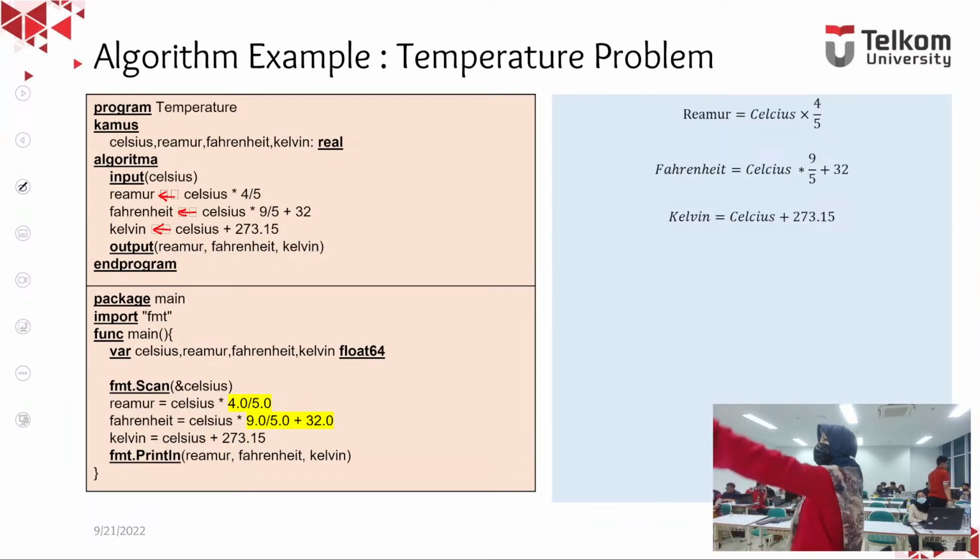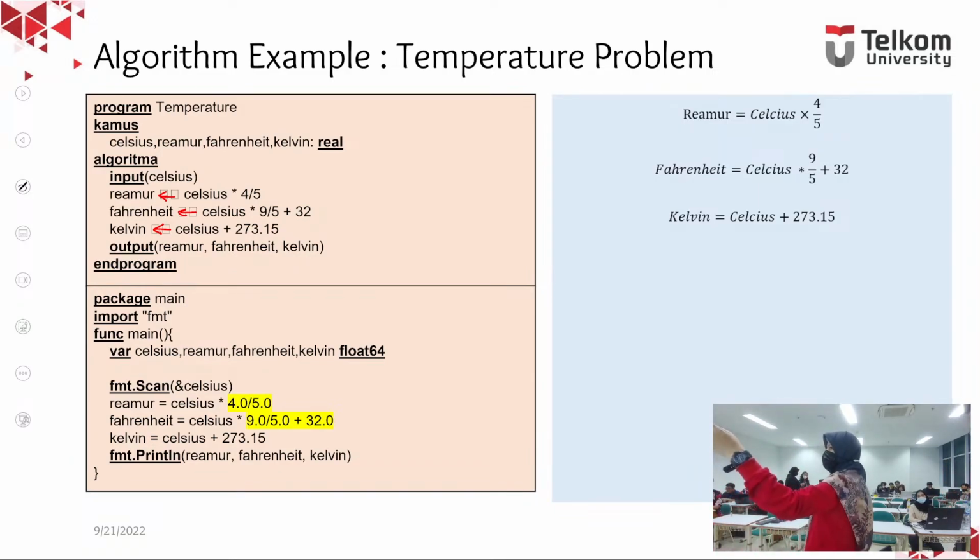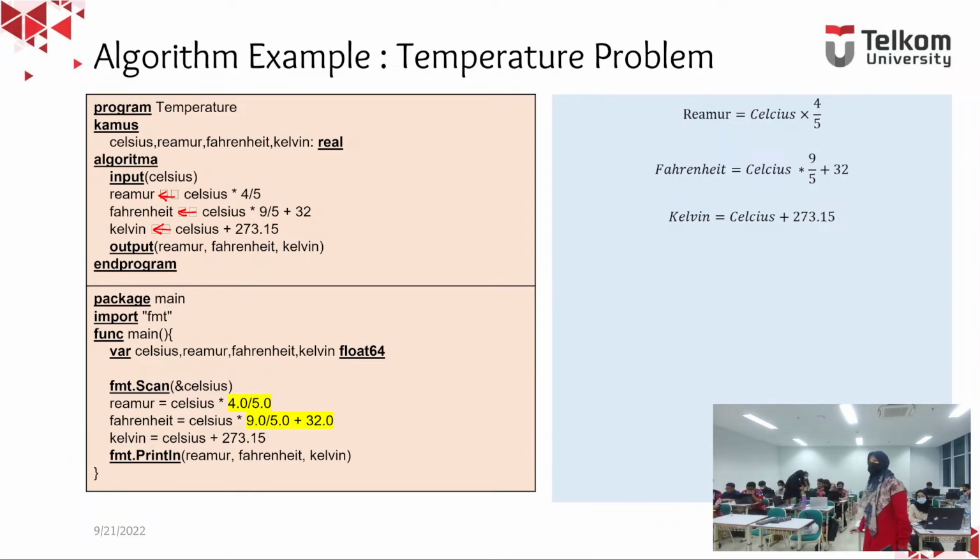And then we need to calculate the temperatures. So the formula for Reamur is Celsius multiplied by 4/5. And then to calculate the Fahrenheit, Celsius multiplied by 9/5 plus 32. And then for Kelvin, we only need an addition operation.